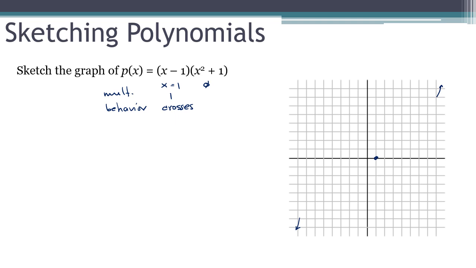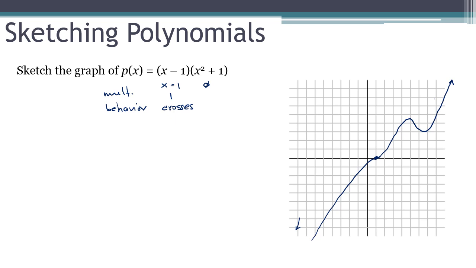So what's this going to look like? Well, here's where our method is going to fall down a little bit on us. I want to say it comes up like this and cuts through here and then goes up here. Maybe. See, there is another option. Another option is it could come up and go like this.